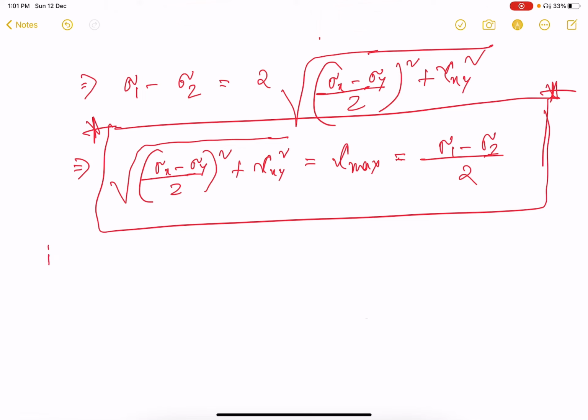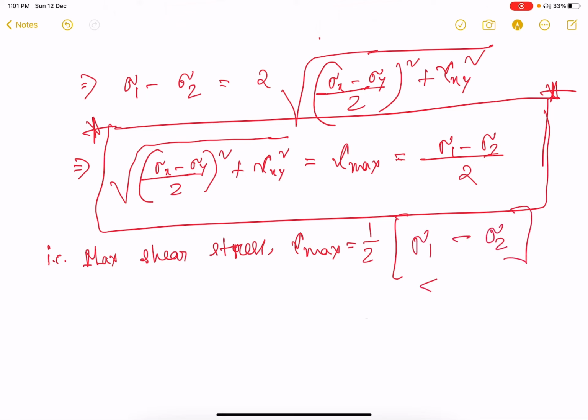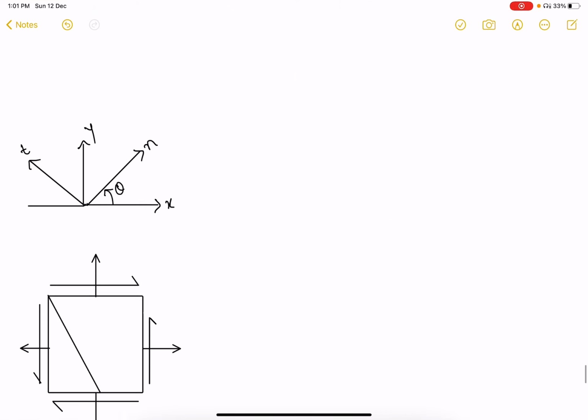That is, the maximum shear stress tau max is equal to half of sigma 1 minus sigma 2.